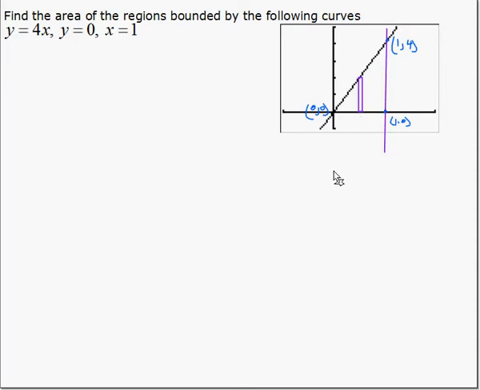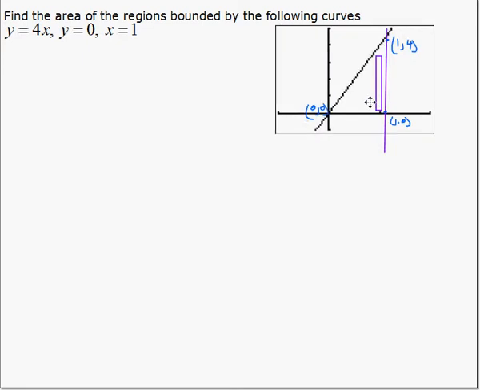Using the dx rectangle, we see that moving it from left to right, the top is on the line y equals 4x, and the bottom can remain on the x-axis. So if we just bring that down here, we see that's true everywhere. So dx will certainly work. We could also do this with dy. Let's solve it with dx for the moment.